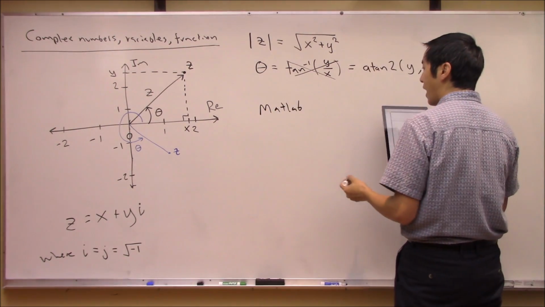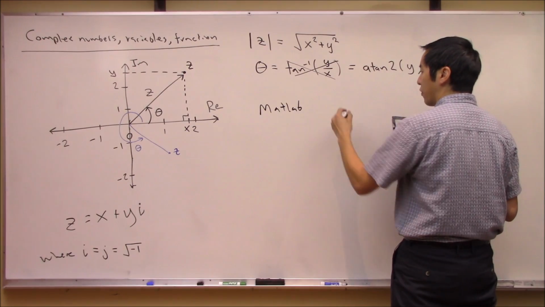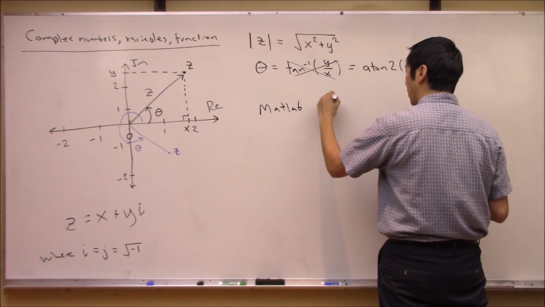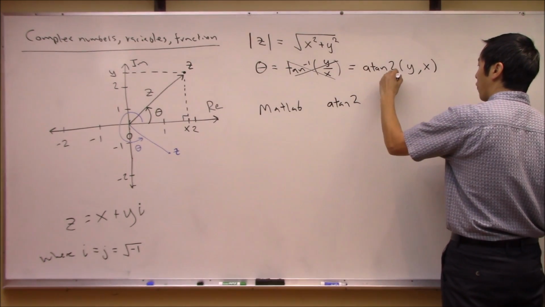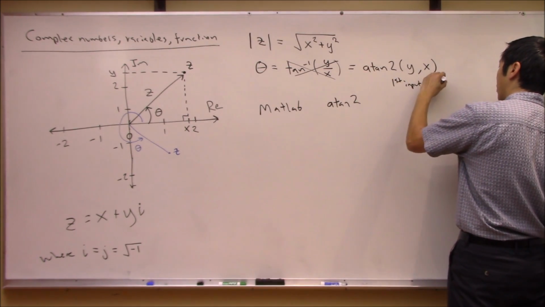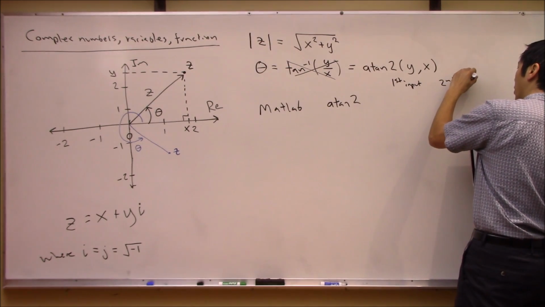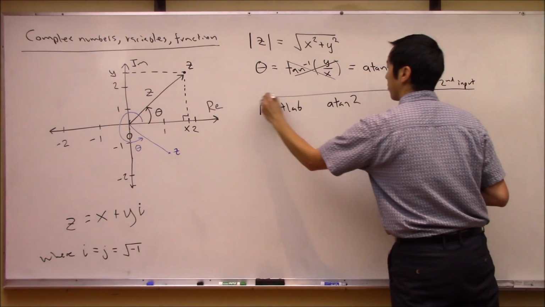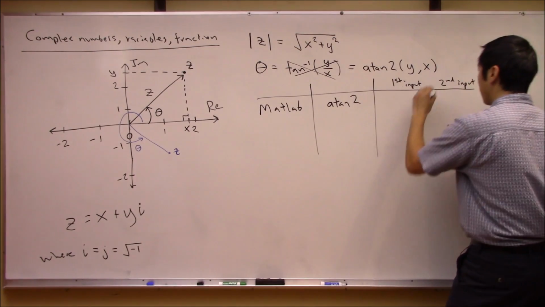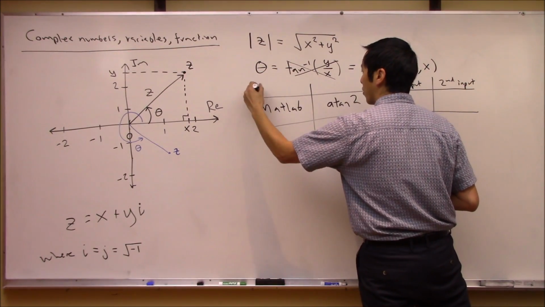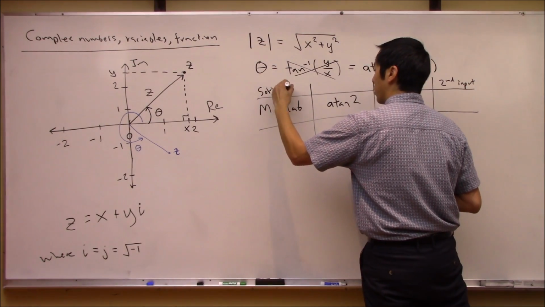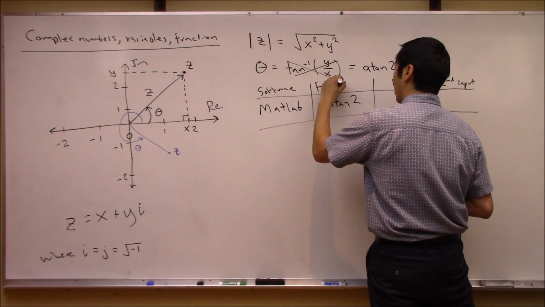In order to do a 4-quadrant inverse tangent, MATLAB uses atan2, and we have to worry about what the first input and the second input are. Let's fill up the header. So this is the software, this is the function name, and here's the first input.